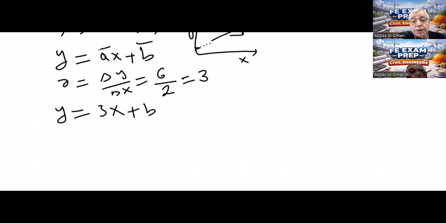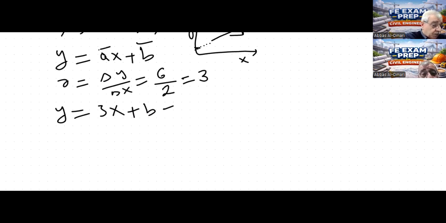So now we still need to determine b. So we know 2 points on the straight line, which are 1 and 2 and 3 and 8. We can use any of them to determine b. We substitute for x and y, and this will solve for b. So I will use the first point, 1 and 2.